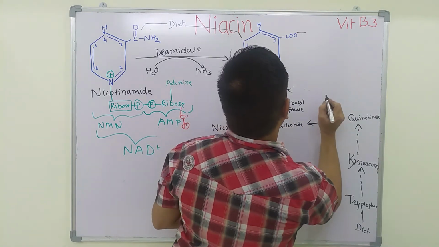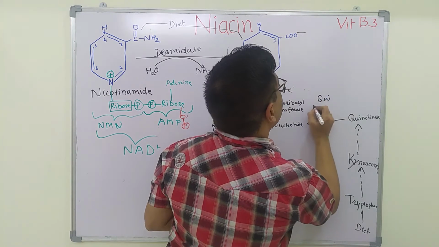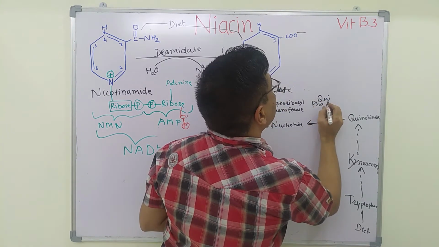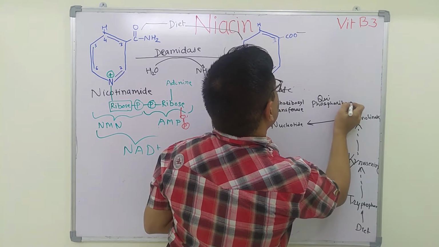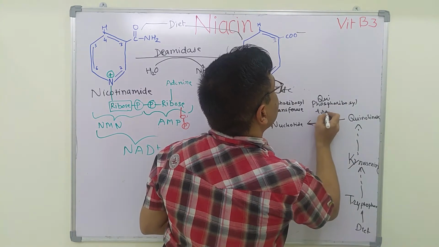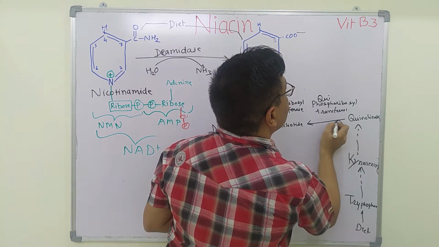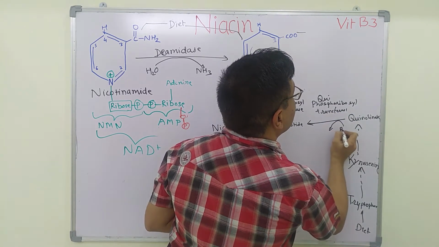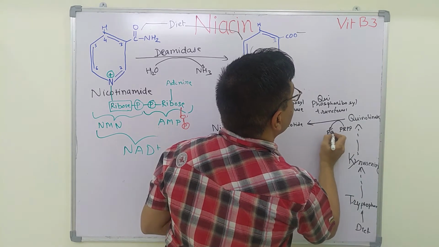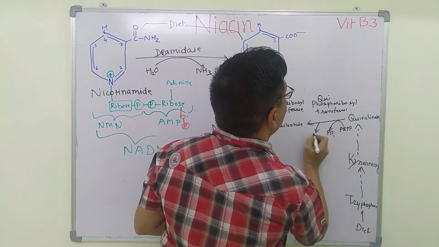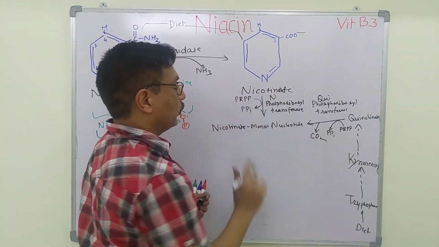This quinolinate is acted upon by quinolinate phosphoribosyl transferase. It accepts a phosphoribosyl group from PRPP with removal of carbon dioxide. It is converted into nicotinate mononucleotide.